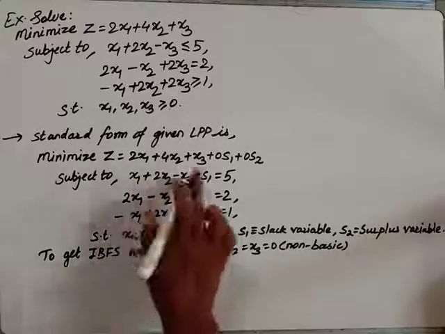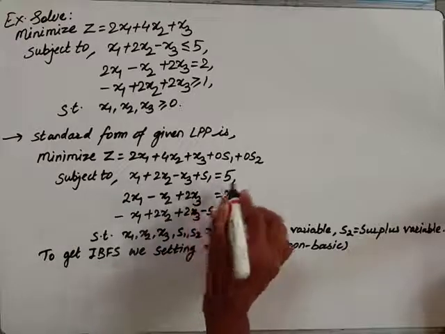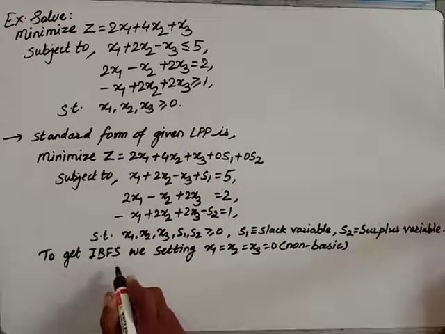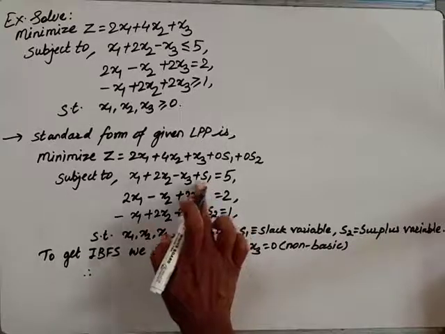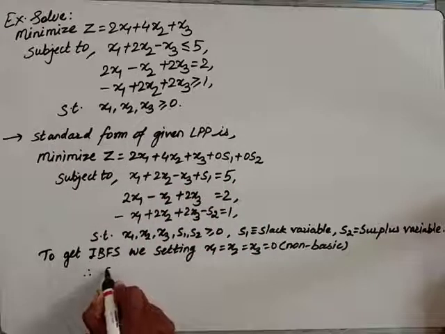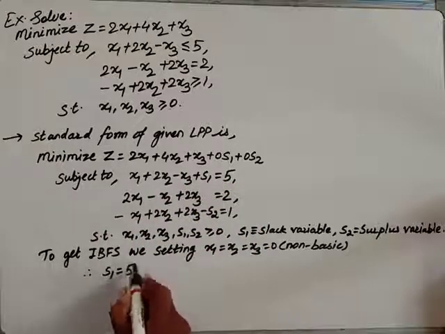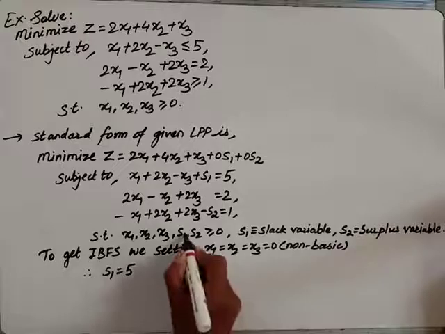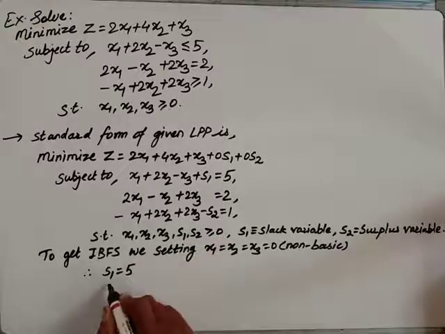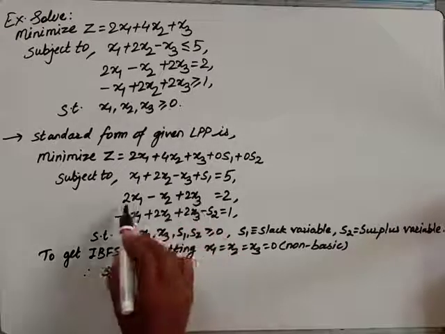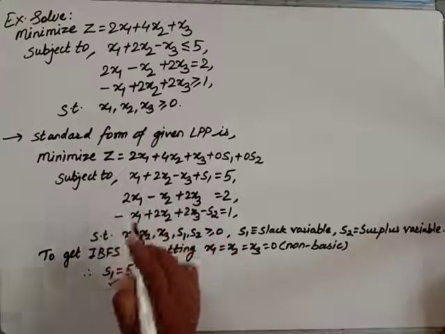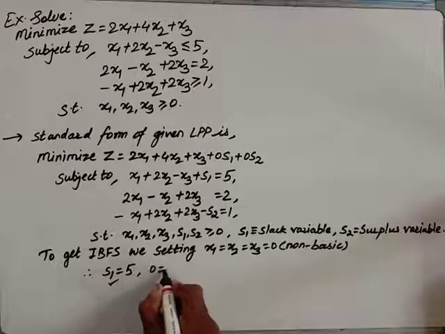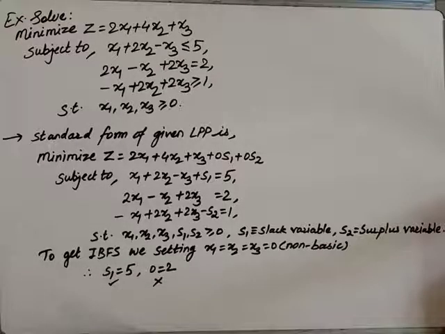So by setting them 0, look at here, x1, x2, x3 are 0, then s1 will become s1 equal to 5. Now s1 is greater equal 0, so this is okay. Now x1, x2, x3 are 0, so this left hand side will become 0, so we get 0 equal to 2, which is not possible.